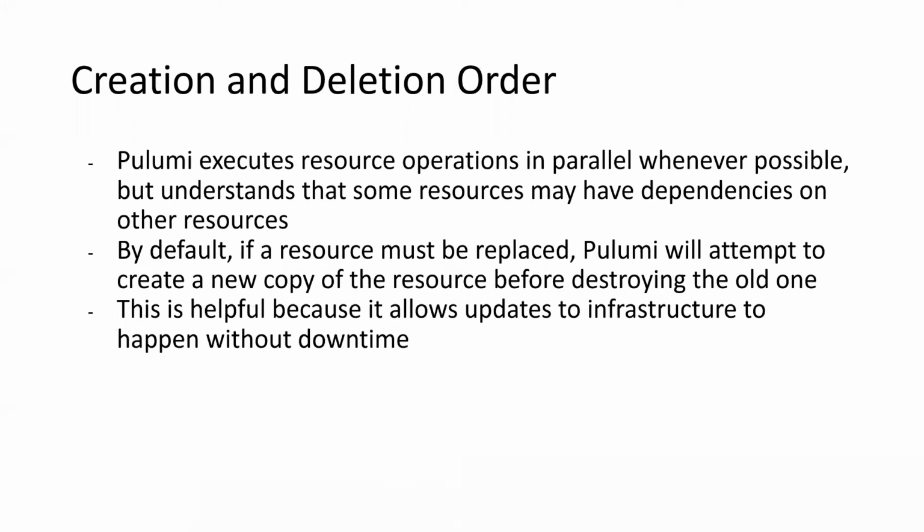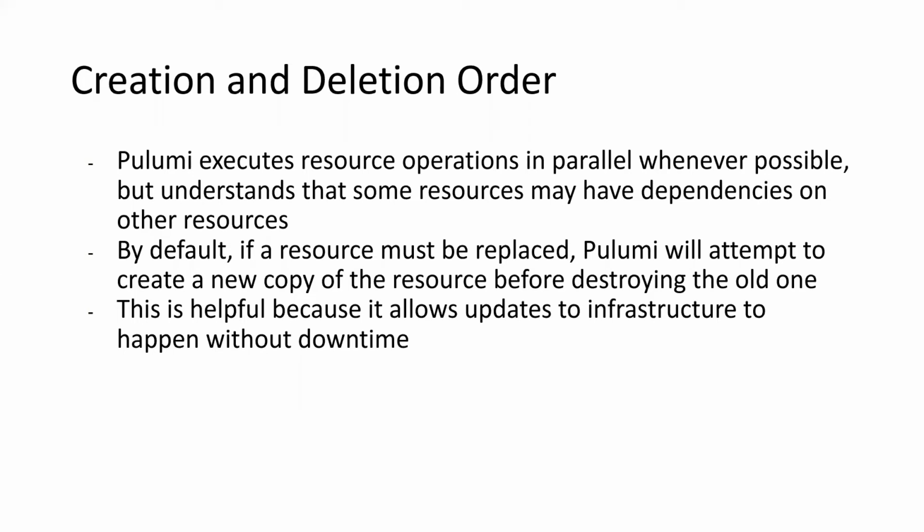So we talked about how to create. Let's talk a little bit about how to delete. Pulumi will execute resource operations in parallel whenever possible, but understand that some resources can have dependencies on other resources. And if this is the case, then it will go ahead and create the resource that is prioritized the highest. So by default, if a resource must be replaced, then Pulumi will attempt to create a new copy before destroying the old one.